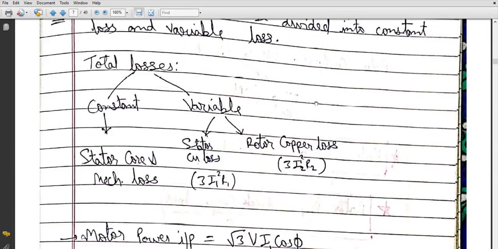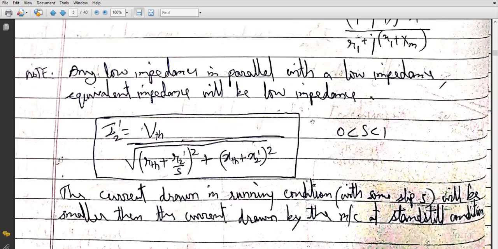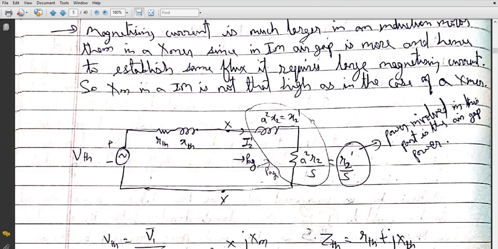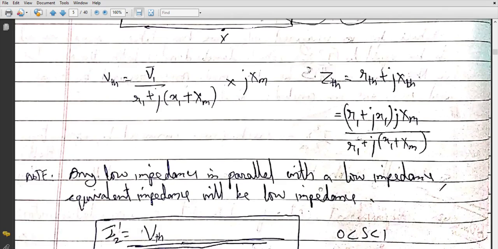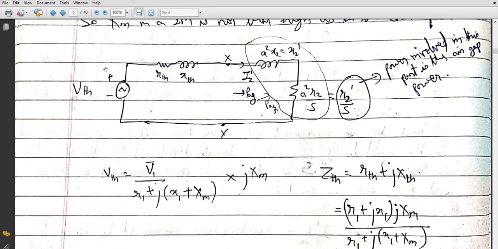In that equivalent circuit that we developed, the Thevenin's equivalent circuit, I showed you that PAG is nothing but I2 dash whole squared into R2 dash divided by S. So this is very important, and this expression of I2 dash we are also going to use. How are we getting this I2 dash? By this circuit, VTH. So you need to remember this circuit very carefully, because this is what is used everywhere from now onwards.